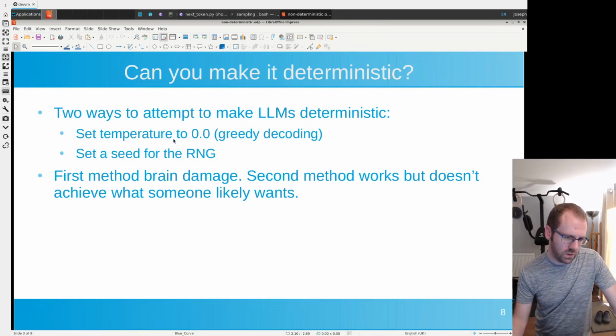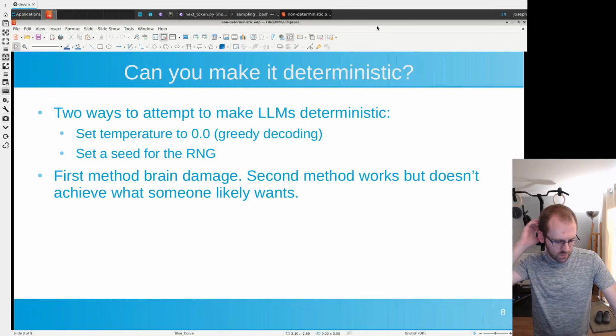Anyway, if you set the temperature to 0, it kind of brain damages the model because, firstly, it stops it from self-correcting and makes it more likely to get stuck in loops. But the other thing to understand is always picking the most likely token isn't the same as picking the most likely sentence. And you're kind of misrepresenting what the LLM is thinking.